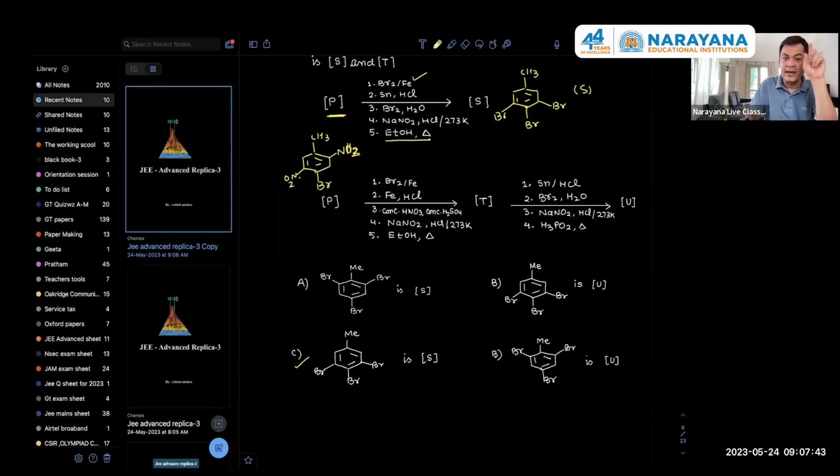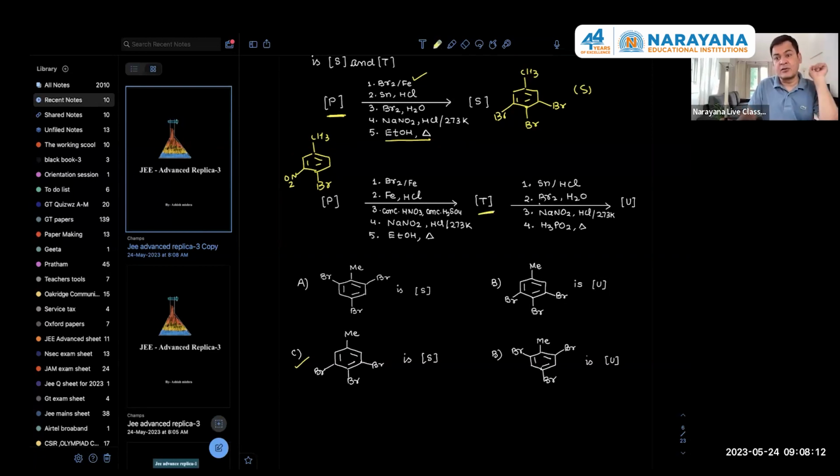If you remember, in NCERT it is given that para is major, then meta, and last is ortho: 51% para, 2% only ortho, and 47% meta. After that NaNO2/HCl gives diazonium, ethanol reduces it. So this NH2 is gone. Now this is the T.